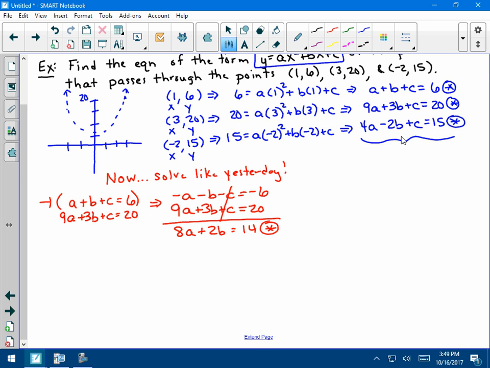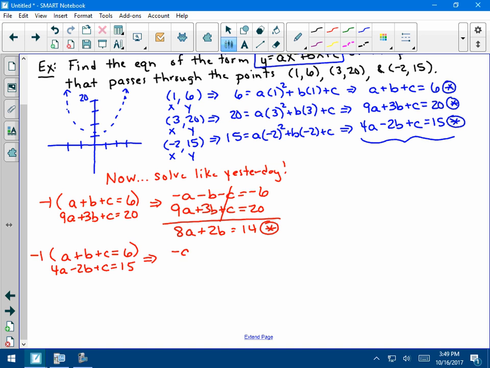Okay, next, let's take another two equations. Let's take the top one with the bottom one this time. So a plus b plus c equals 6 with 4a minus 2b plus c equals 15. And again, remember, we have to eliminate the same variable as the first two equations, so I have to eliminate c. So multiply by -1.